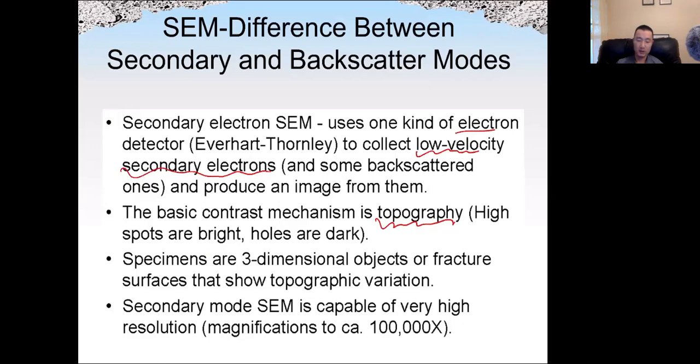Okay, so a 3D image is possible, and we do not need to prepare the sample, do not need to polish the sample. Okay. The resolution could be very high, up to 100,000 times, so much higher than the backscatter mode.